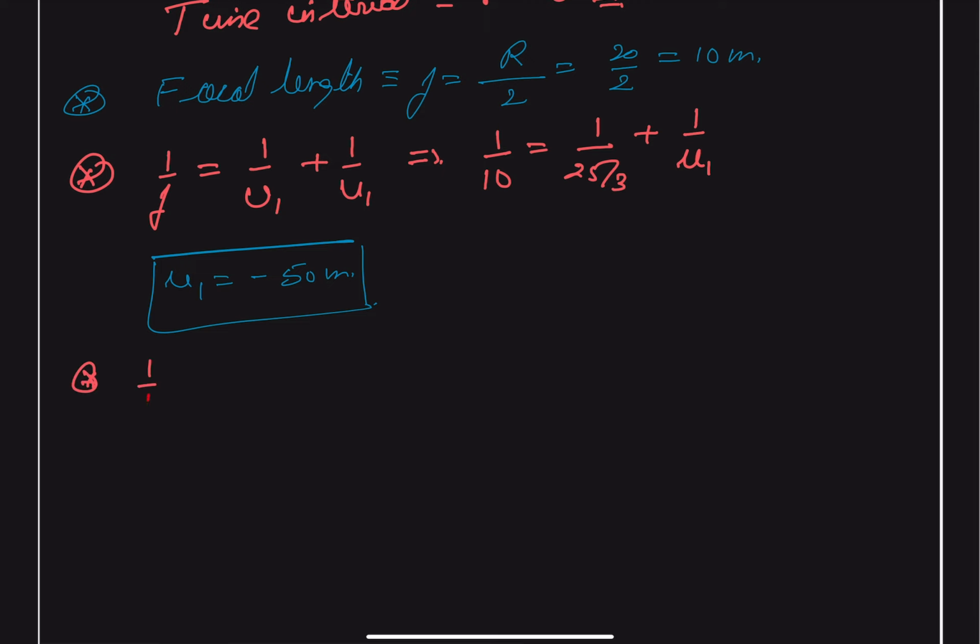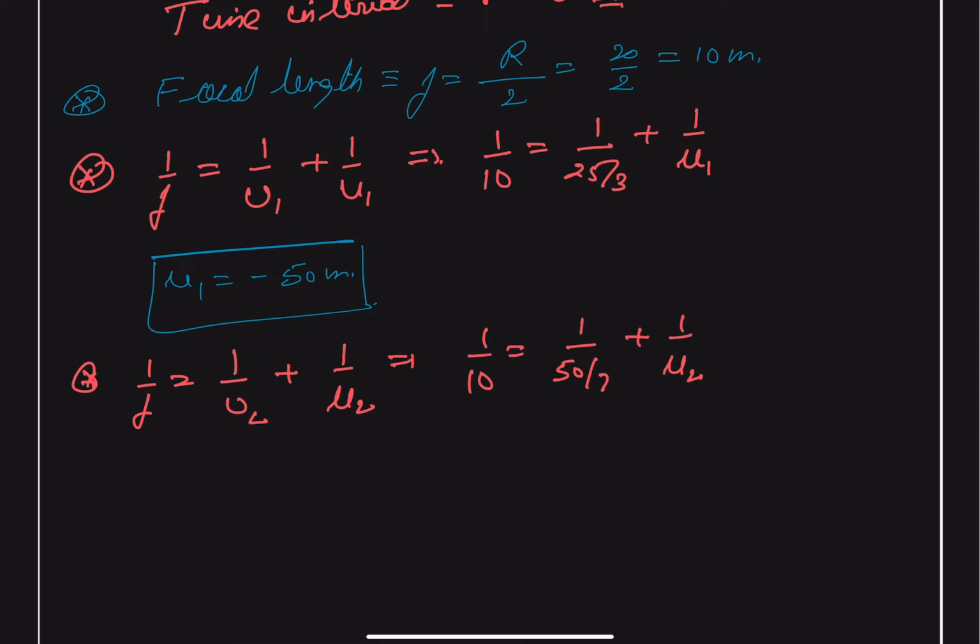1 upon f equals 1 upon v2 plus 1 upon u2. So the rest of the values are same except our v2, that is 1 upon 50 upon 7 plus 1 upon u2.